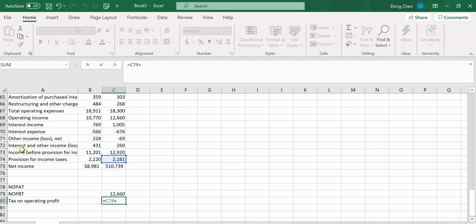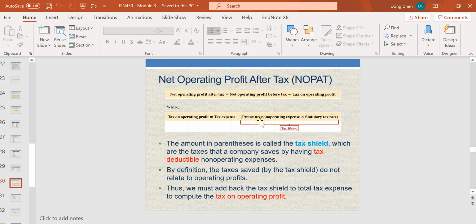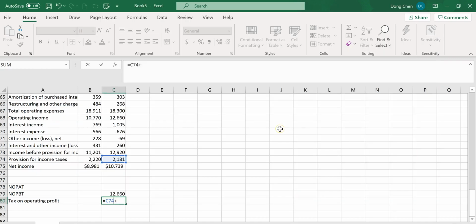The interest and other income and or loss is the sum of these three numbers starting from interest income. This is positive, but because we should treat expense as positive and right now it's income, we should take this as a negative number. So rather than adding this pre-tax net non-operating expense, we should subtract this interest and other income number, and then multiply by the statutory tax rate of 37%.